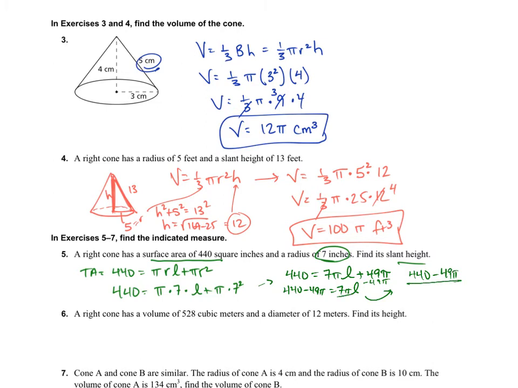Divide all this by the 7 pi, right? Because that'll reduce it out. And that will be my slant height. So now I'm just going to go ahead and do this on my calculator, and I'll just go ahead and use 3.14. So that's 440 minus 49 times 3.14.